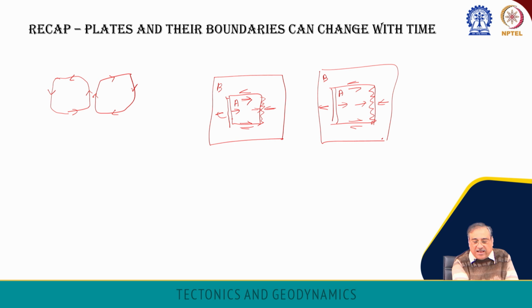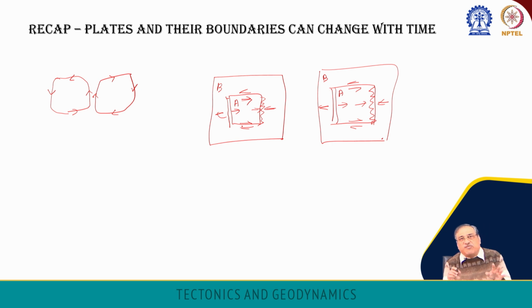Once again, just to recollect, if there is a significant component of motion that diverges away from the plate boundary, then you have a divergent boundary. If you have a significant component of motion in which the arrow is pointing towards the plate boundary, then the plate boundary is convergent, right. On the other hand, if we have a significant component of movement which is parallel to the plate boundary, in that case it is dominantly a transform type movement.